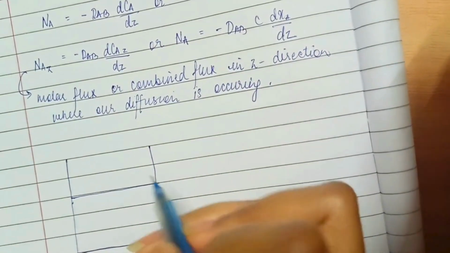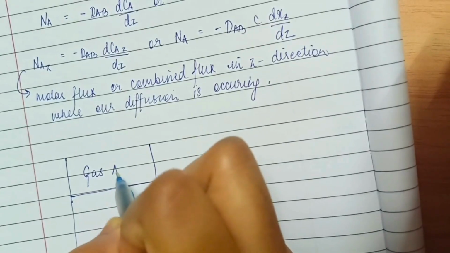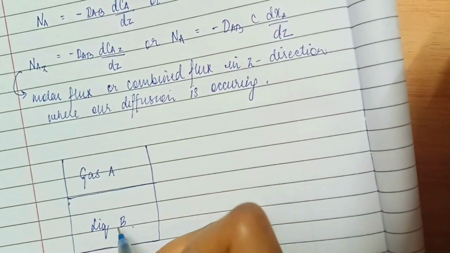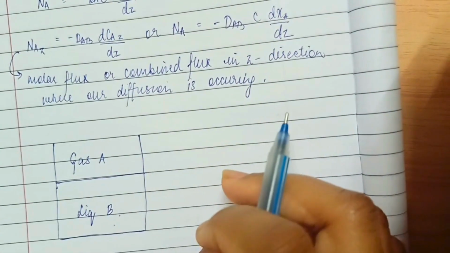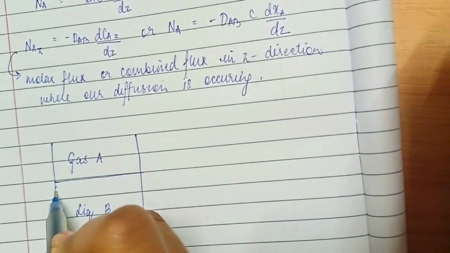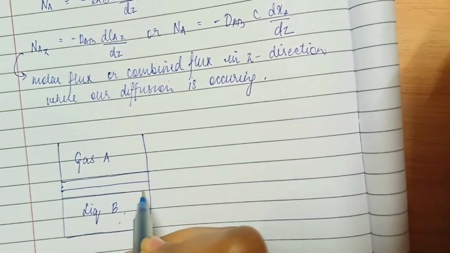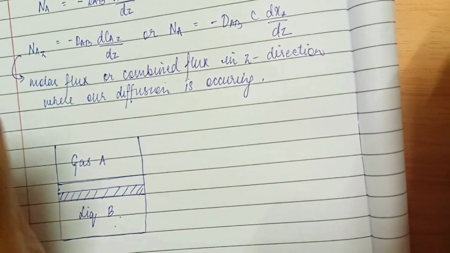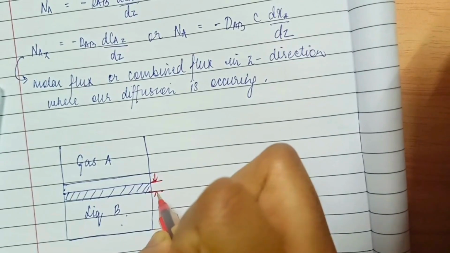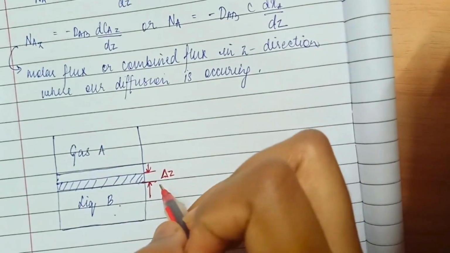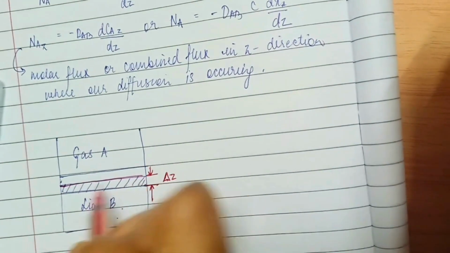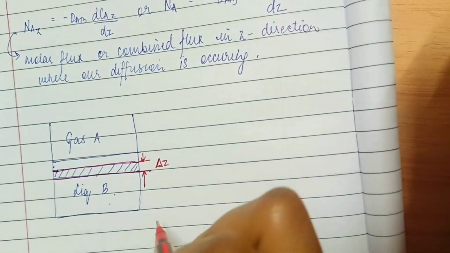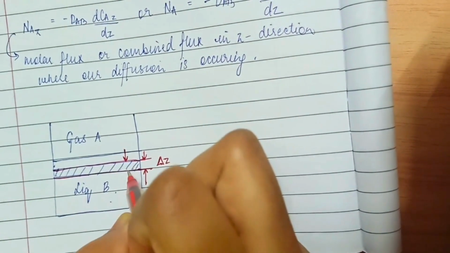As we have already seen earlier, we have a gas A and a liquid B, which is a stagnant liquid B, and the gas is diffusing into the liquid layer of B. Now, we will take a shell of infinitesimally small thickness delta Z. This thickness that we have assumed is delta Z. Now, taking into consideration this small thickness of delta Z, we now check the rate of mass flowing into and flowing out of this thickness.